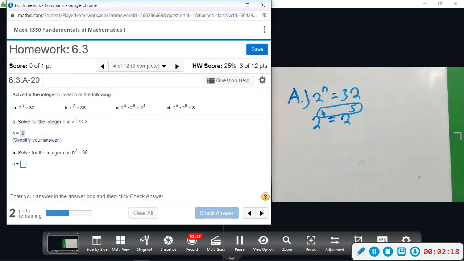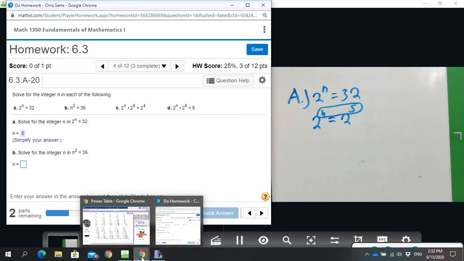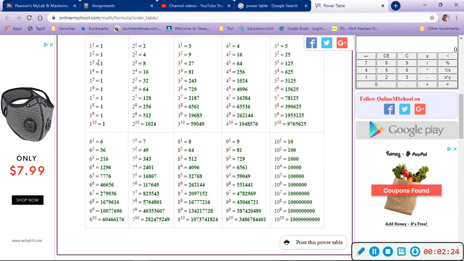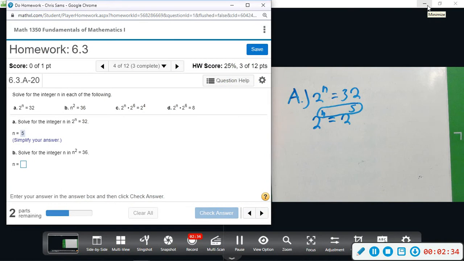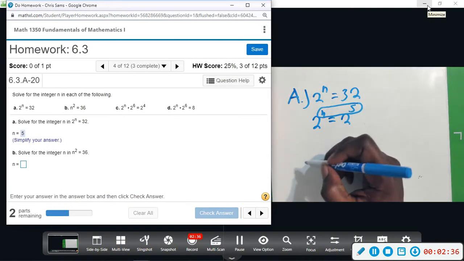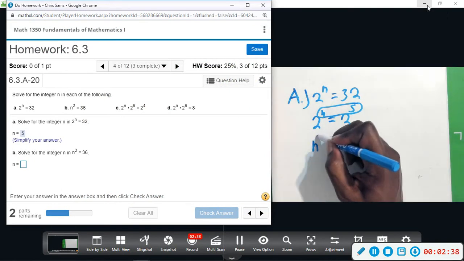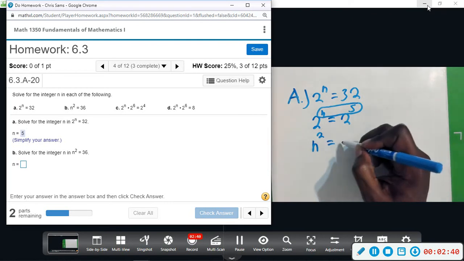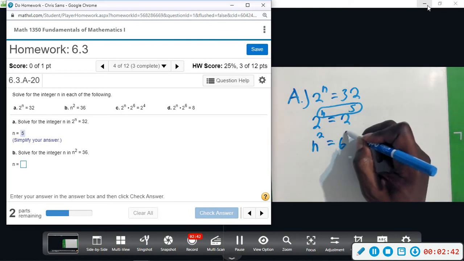Alright, B, I'm looking for something to the second power to be 36. So again, we'll pull up this power table, and I'm looking at the squared. Something squared is 36. This is a common one, so 6 squared. And we can go back and write n squared equals 36, which is 6 squared.